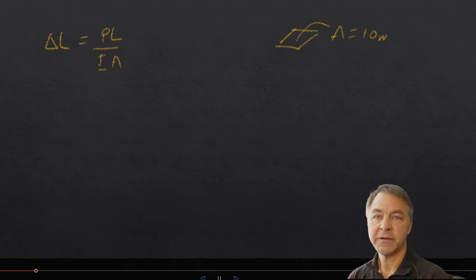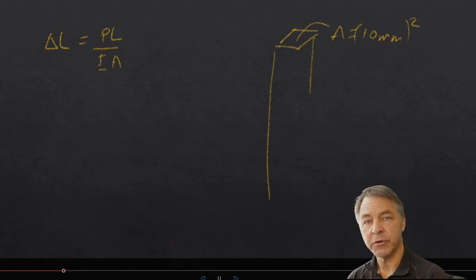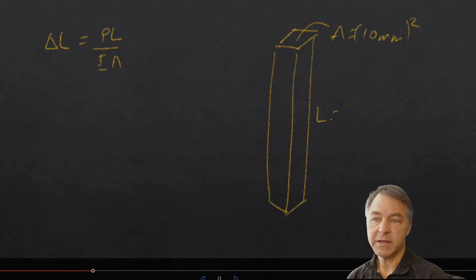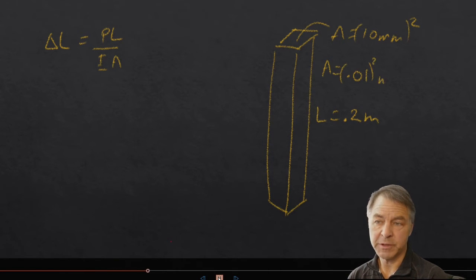We can apply that to the simple rectangular bar that we've drawn in SolidWorks, where A is 10 millimeters squared, and the length is 0.2 meters long.